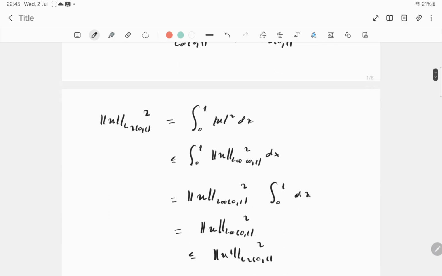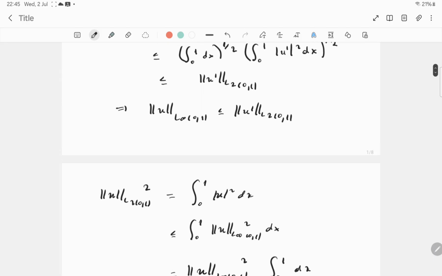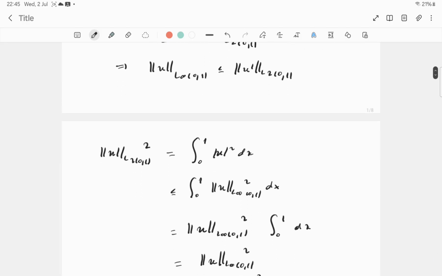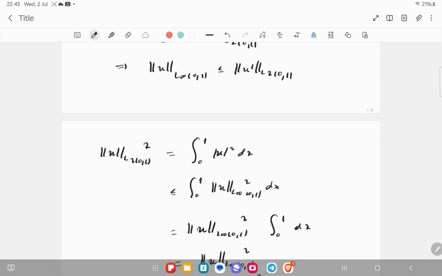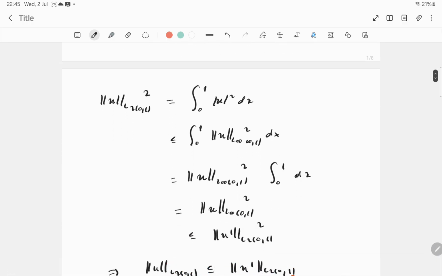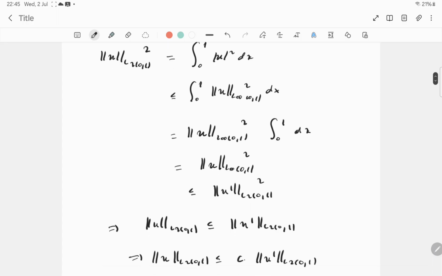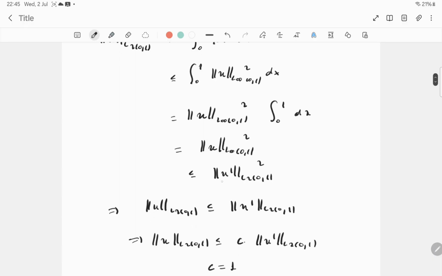And then I have a last step where I have the bound for the norm of u in L2, which is bounded by this integral here, and then working this out, I get that this is bounded by the infinity norm, and then I obtain that this is bounded by the L2 norm of the derivative of the function squared.